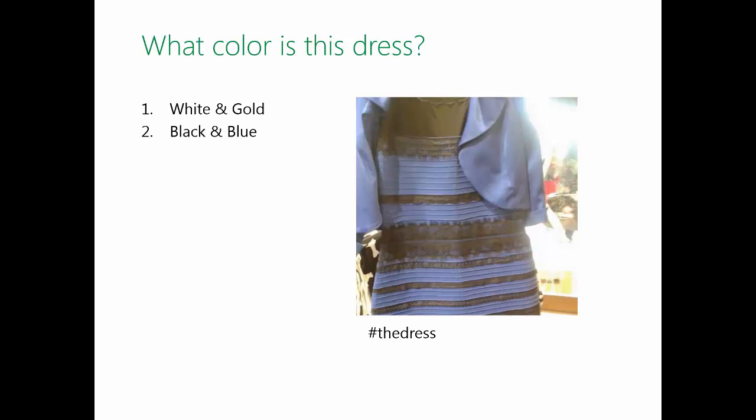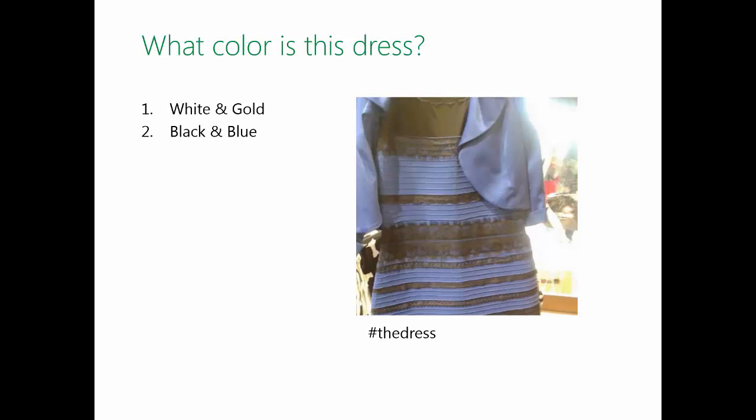Okay, so 65% of you thought that this dress is black and blue, and 35% of you think that this is white and gold. This is very interesting, right? More or less two thirds of you said black and blue, and one third white and gold.